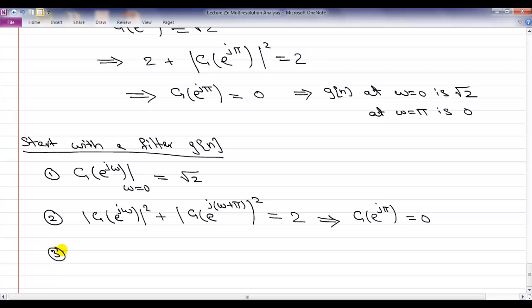Okay. And the third property, which we have not even touched upon intuitively, is that the filter is non-zero between pi by 2 and minus pi by 2. So g of e to the j omega is not 0 for any omega between minus pi by 2 and pi by 2.